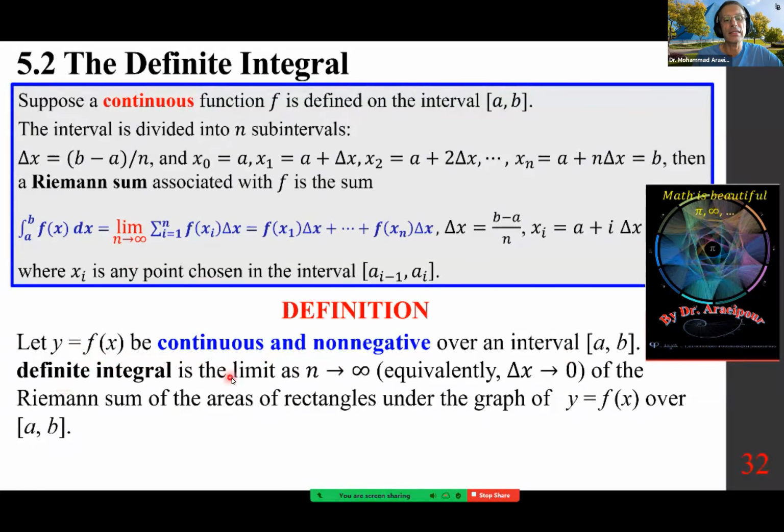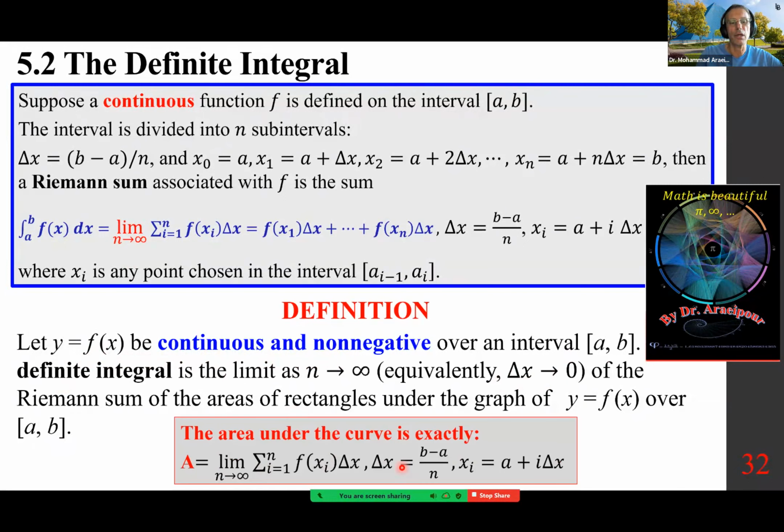The definite integral is the limit as n approaches infinity, equivalently, you can say delta x approaching 0, of the Riemann sum of the areas of rectangles under the graph of y equals f of x over the interval from a to b, and that is the precise definition of the area under the curve, as long as the function is continuous and non-negative. Otherwise, it becomes the difference of areas.